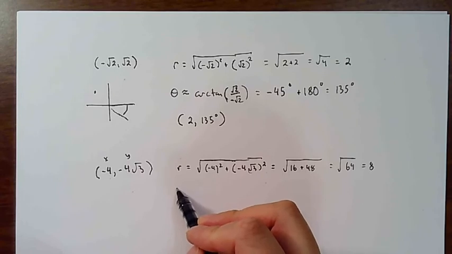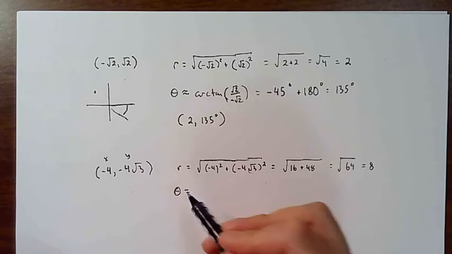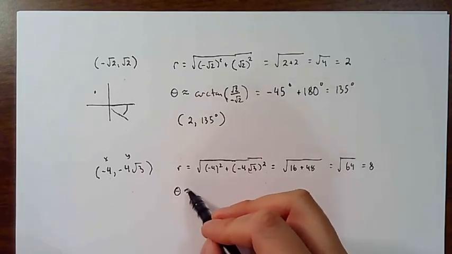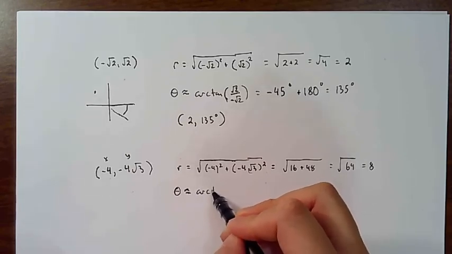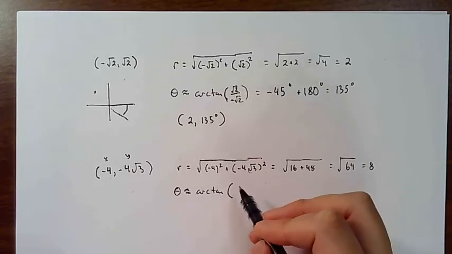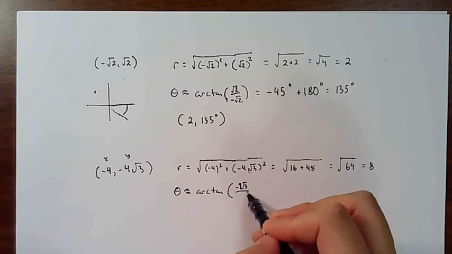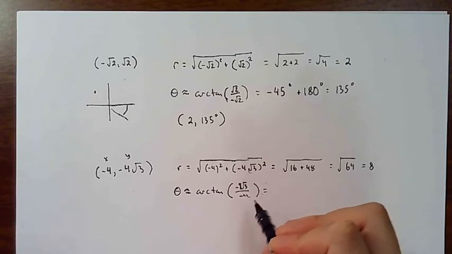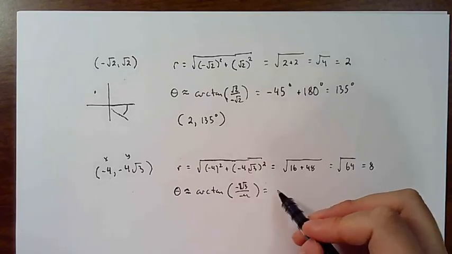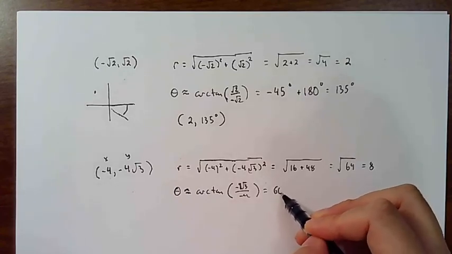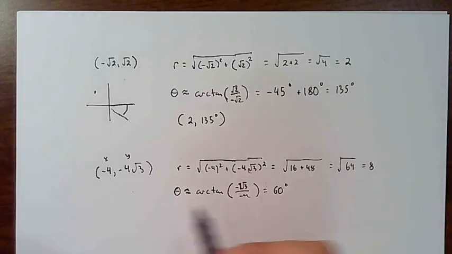Let's go for our theta, which is going to be something like arctan of negative 4 square root 3 over negative 4. And when we do the arctan of that in our calculator, we'll just get 60 degrees. Okay, well, let's diagram this guy.